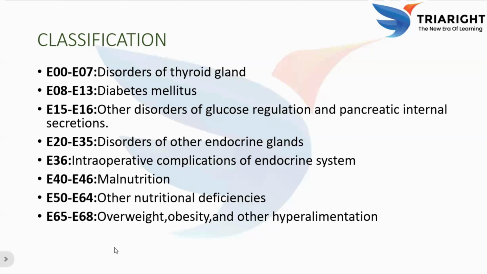The E65 to E68 code range includes overweight, obesity and other hyperalimentation, which means it covers excessive nutrition or body weight problems. For example, obesity. This section covers the opposite of malnutrition. Malnutrition is low food, whereas here it is too much food or nutrients.